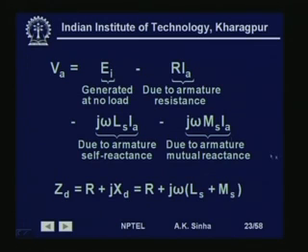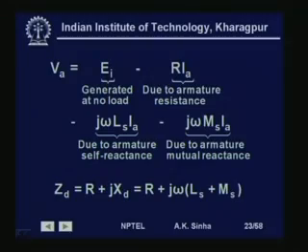So, due to armature resistance, the voltage drop R I A, minus again the drop due to the self reactance of the rotor winding. Since the winding is wound as a coil, it has a reactance. So, self reactance or self inductance L S.